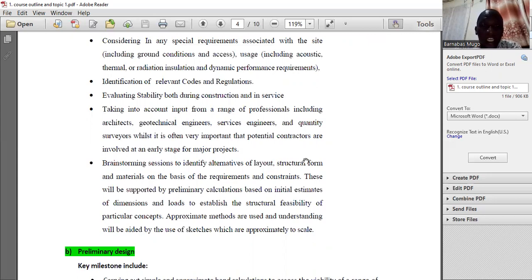Then you need to identify alternatives of layout, so that you can come up with different ways of weighing the alternatives and carry out your construction effectively.